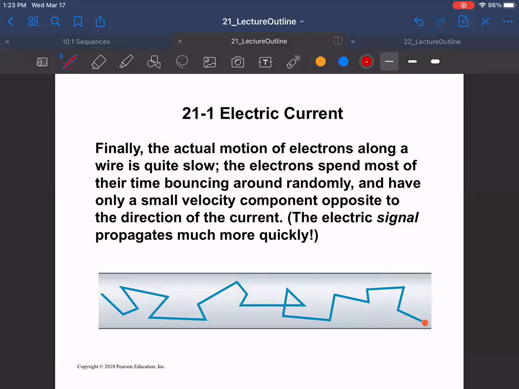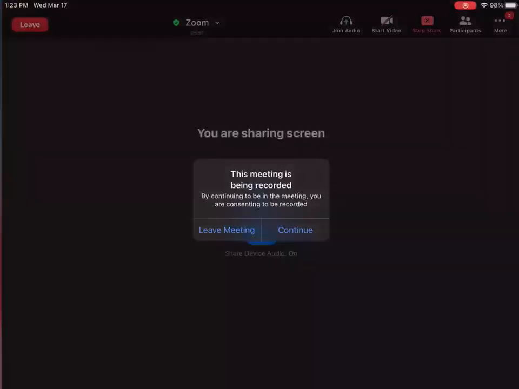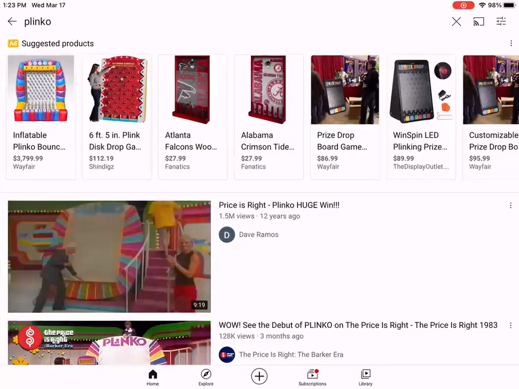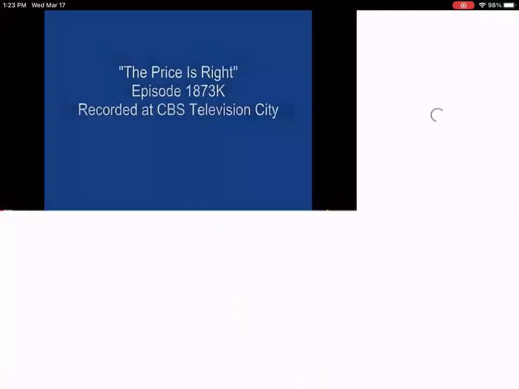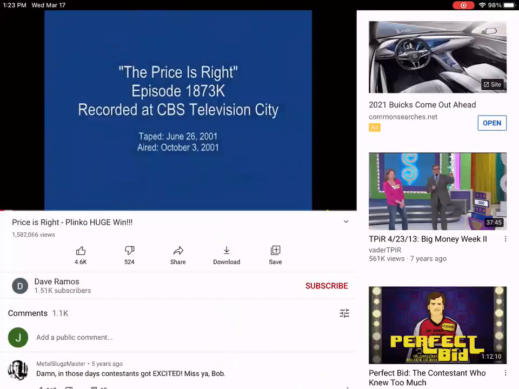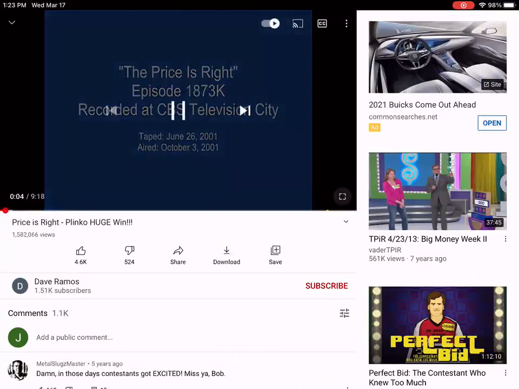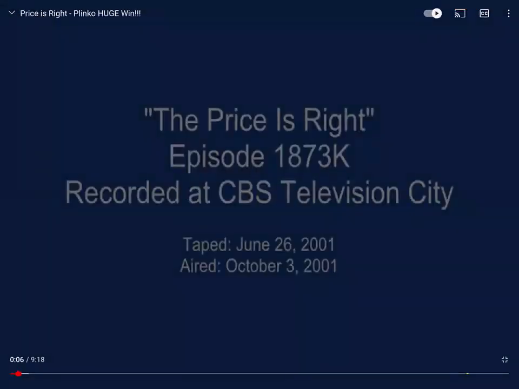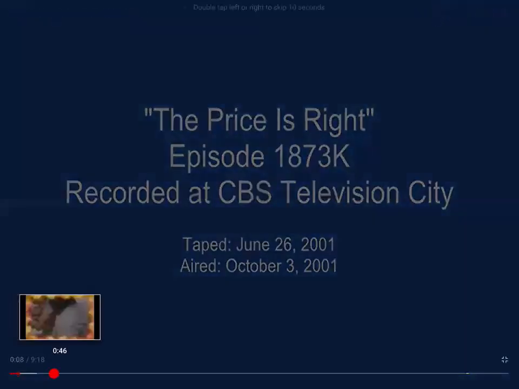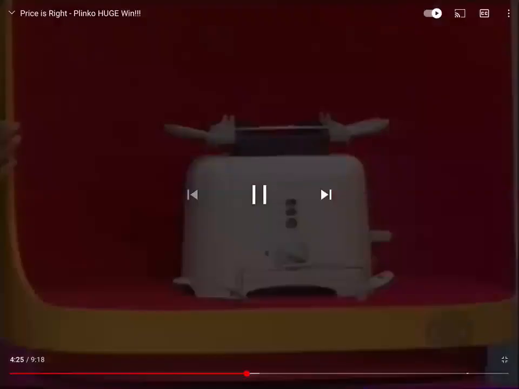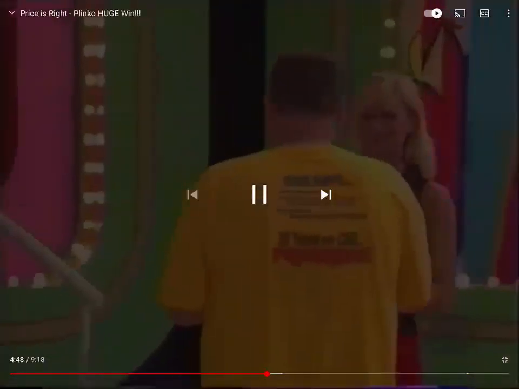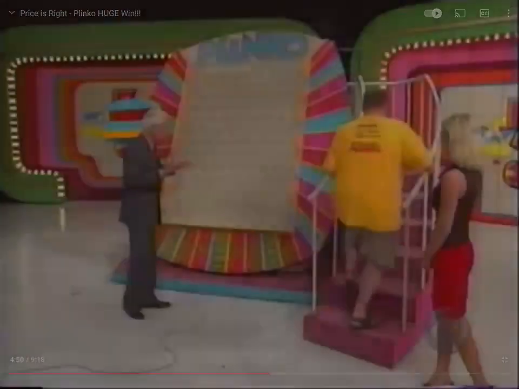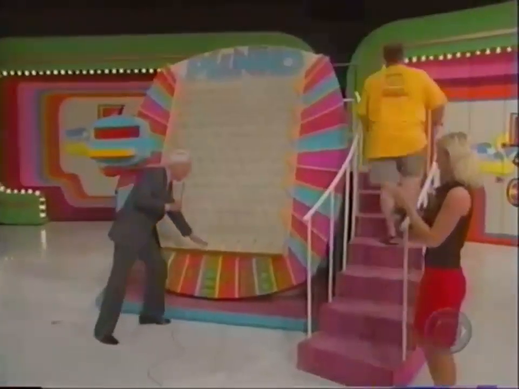Now, I did look up and find one of these to demonstrate how the electron moves, and it always makes me think of Plinko. Y'all ever see Plinko on The Price is Right? Here's Plinko. They win, and then they have to go do this. At the top there are all these posts, and they have these little discs they have to drop.